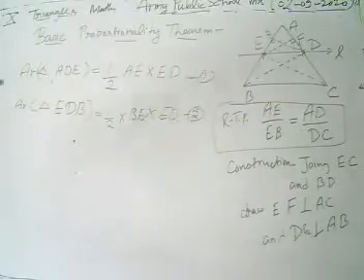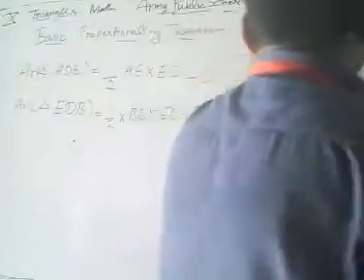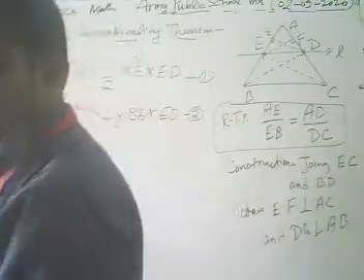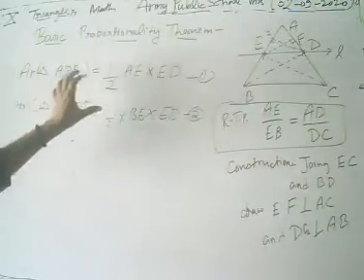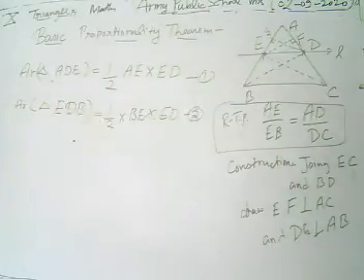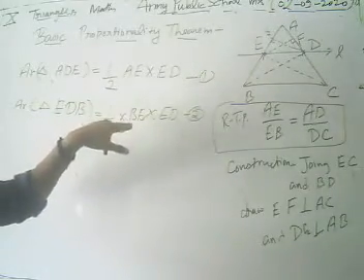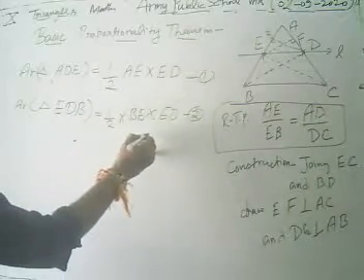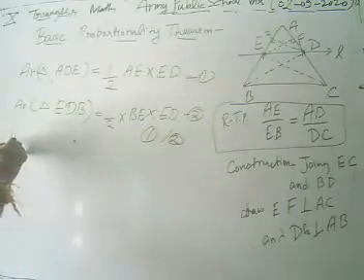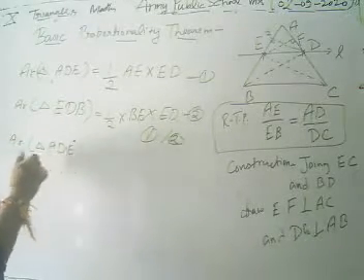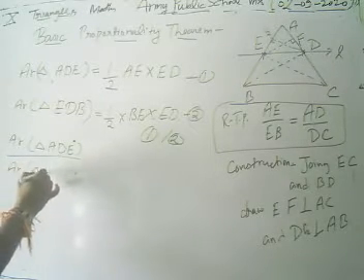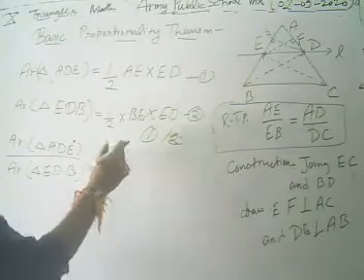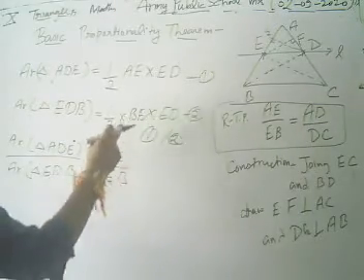Now when we take the ratio of the area of triangle ADE to the area of triangle EDB, the half and half cancel out, ED is common so it cancels out, and we get AE upon EB.